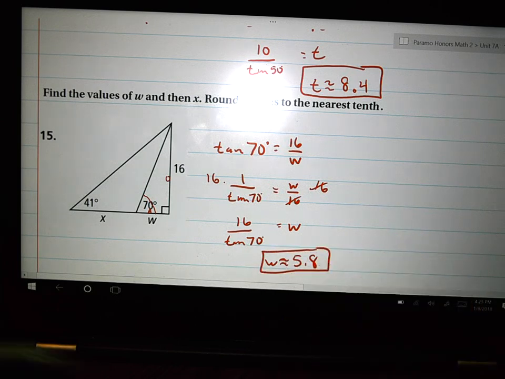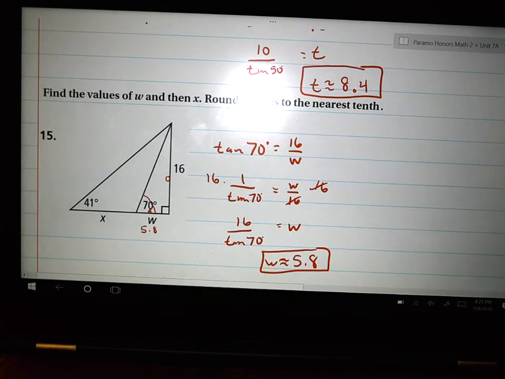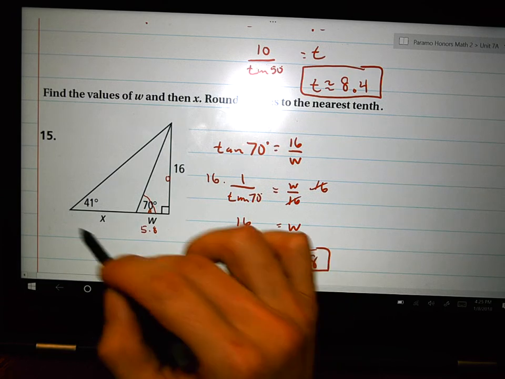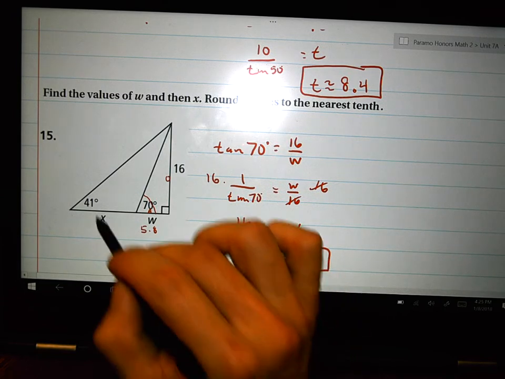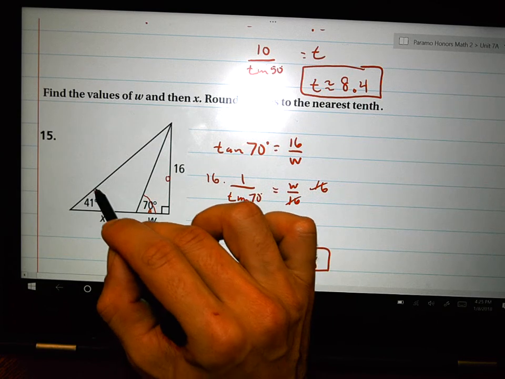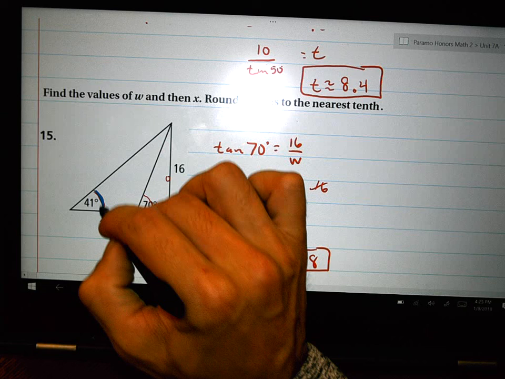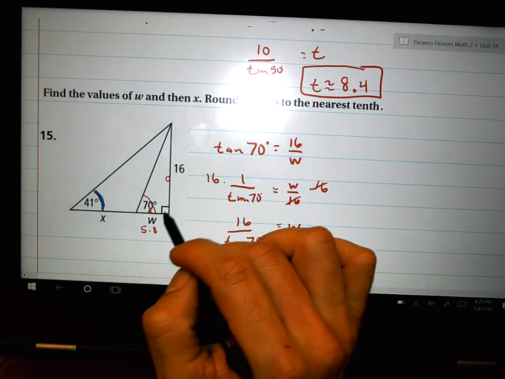And the last one. How do I find x? Well, this is 5.8-ish. And we have this. I'm going to label this. That's opposite. And with the 41, if I switch colors, let's go to blue. Opposite, hypotenuse.